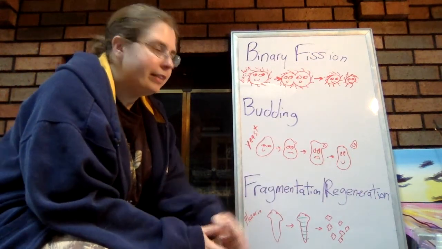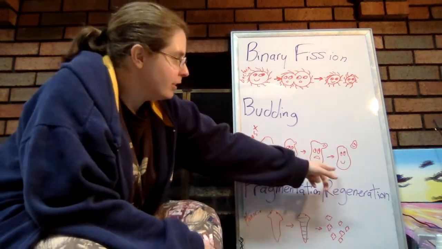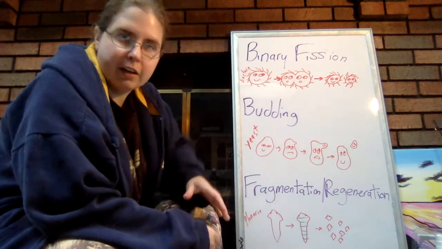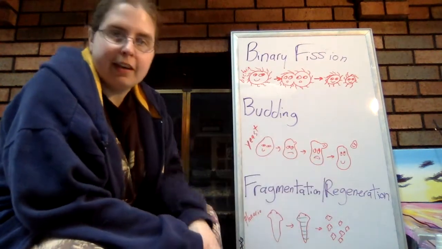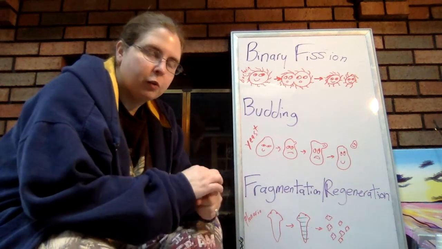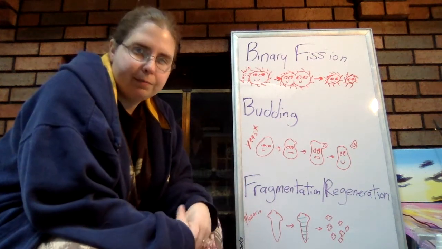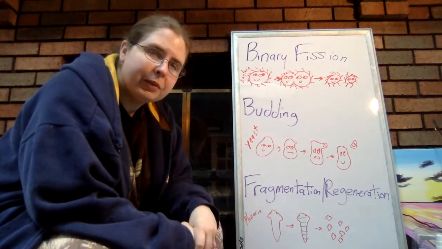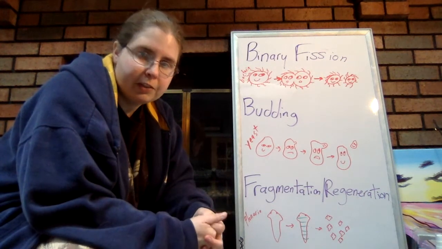New in that we have two of them. It is genetically identical to this guy, he's just younger and it'll grow bigger and be just like that guy. We call it budding because it grows off of a larger organism and then breaks off and becomes its own.